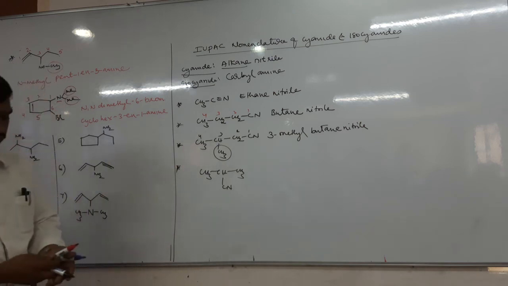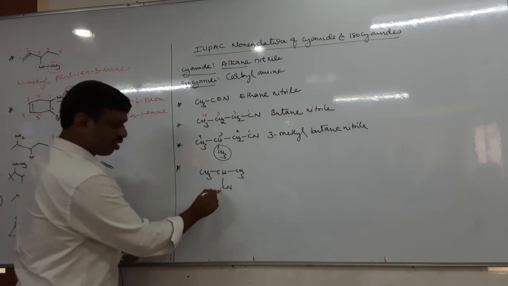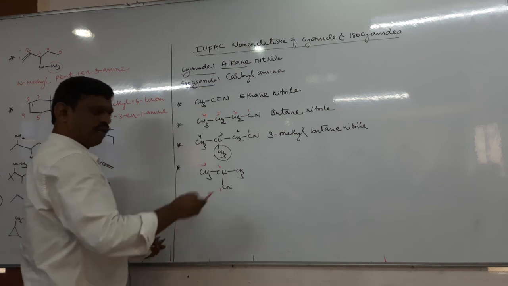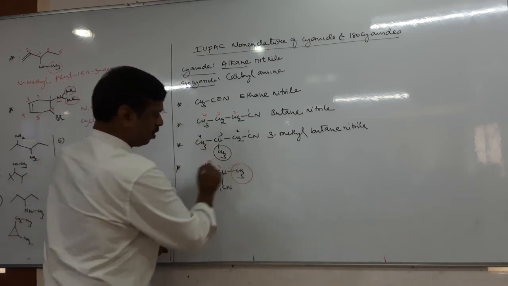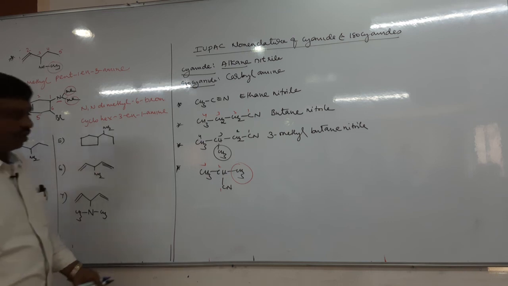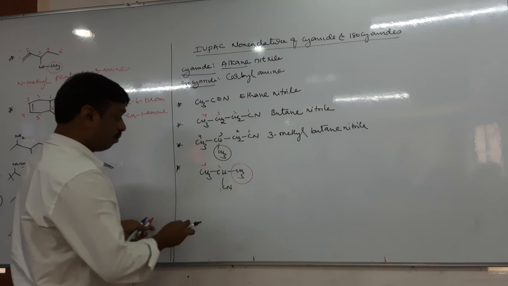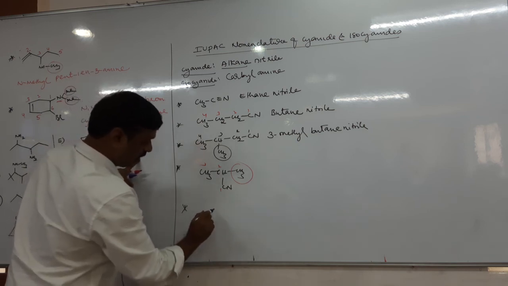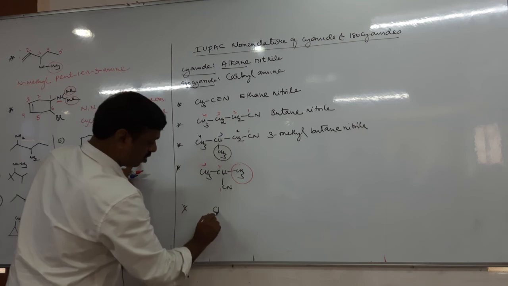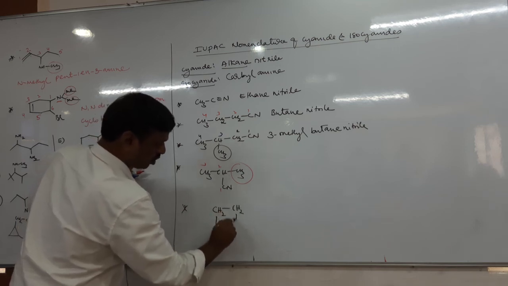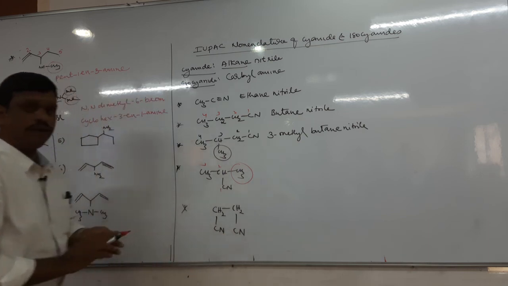Next, numbering from here, this carbon is 1 2 3. Then remaining rules are same. 2 methyl propane nitrile. Okay, but if it is CH2 CN CH2 CN, tell me what is the IUPAC name?